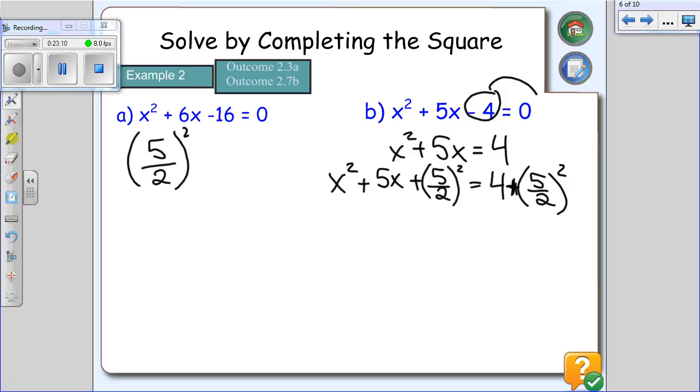And now you have something on the left that actually is factored. I know it looks kind of crazy, but it really is, trust me.